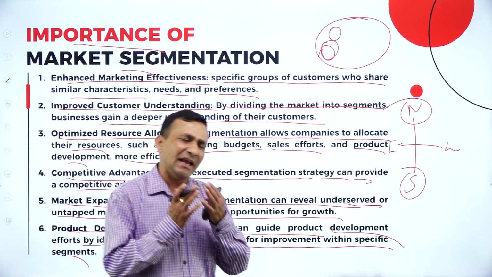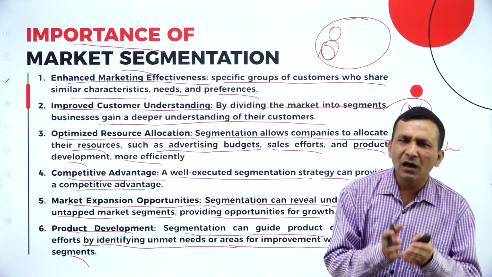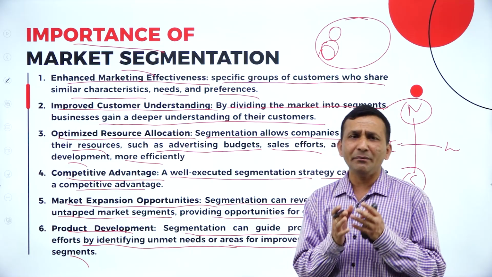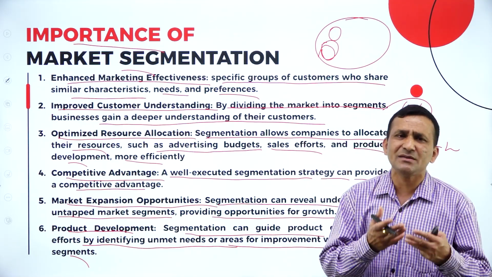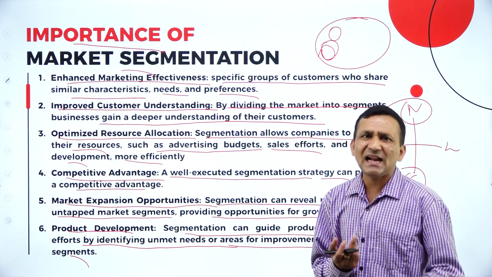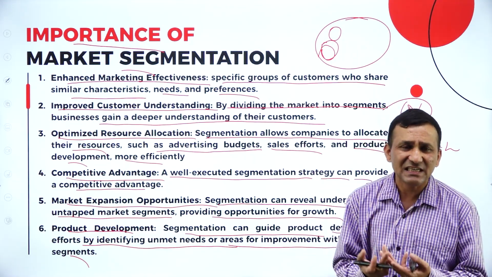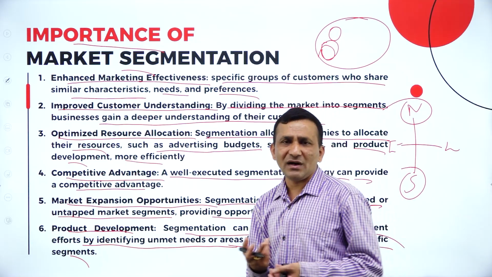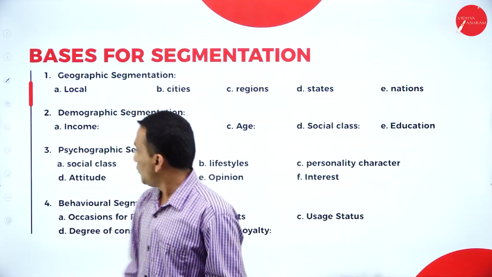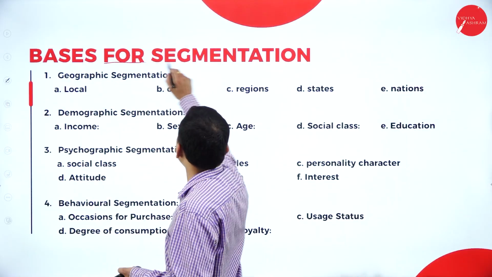Unmet need means the customers are not satisfied. Once they are identified or they are expressing their need, whichever is not satisfied, obviously we can take advantage to produce a product. So moving on to the next, basis for segmentation.